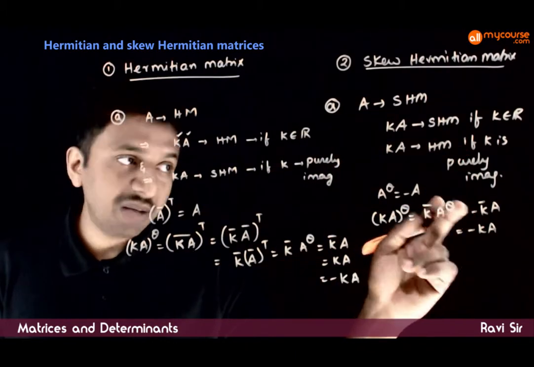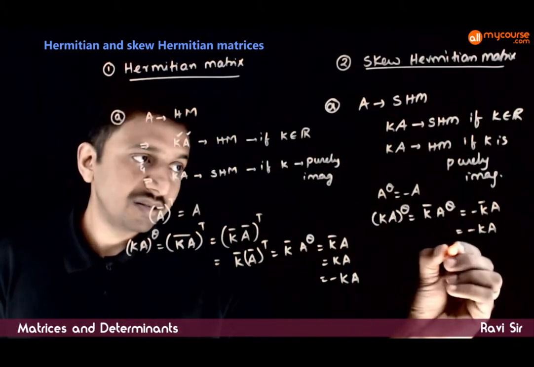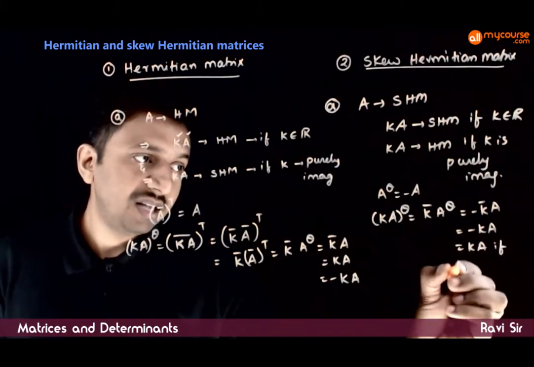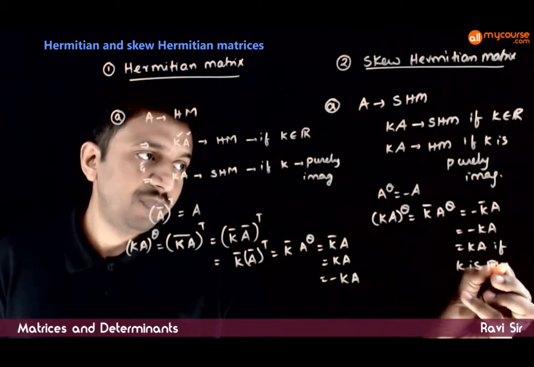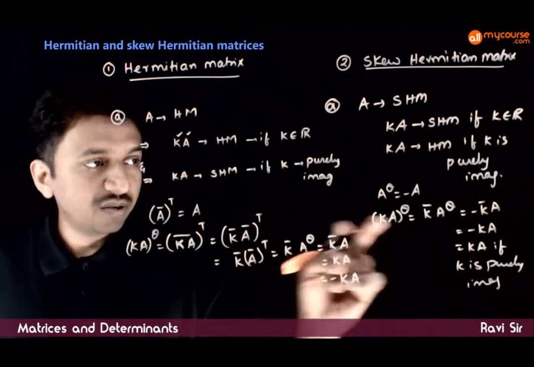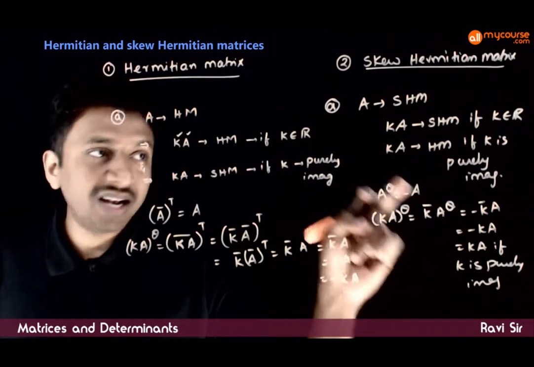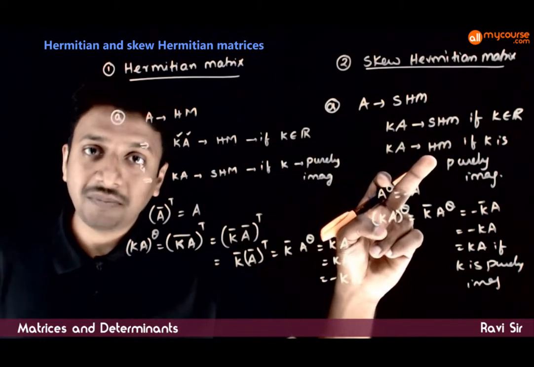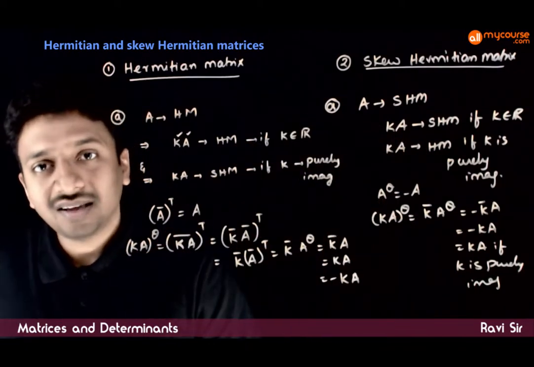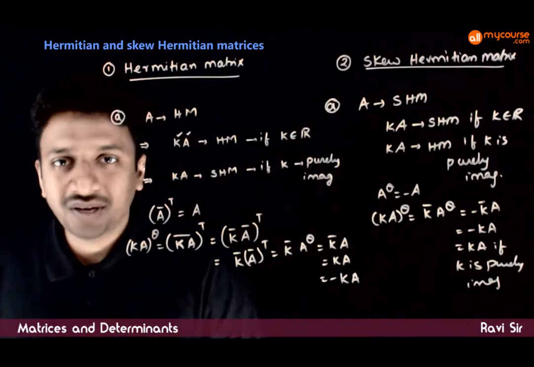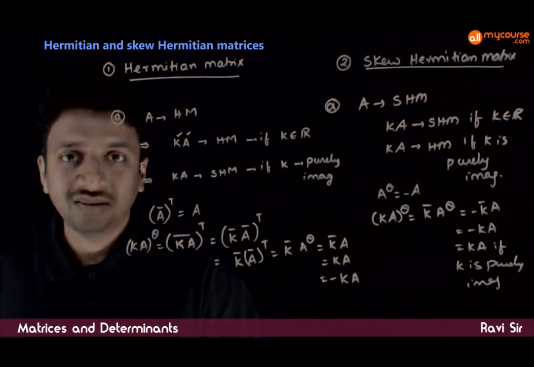If K is purely imaginary, you get another minus, which is equal to plus KA. So if K is purely real, then KA is also skew Hermitian. If K is purely imaginary, then KA is the normal Hermitian matrix. So this is the first property, which is very important to understand.